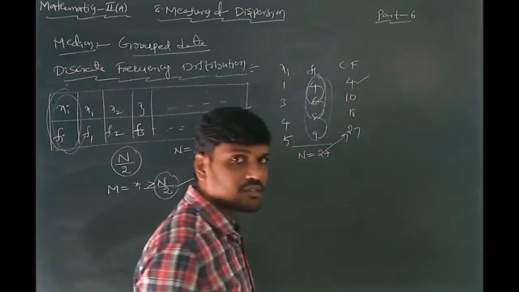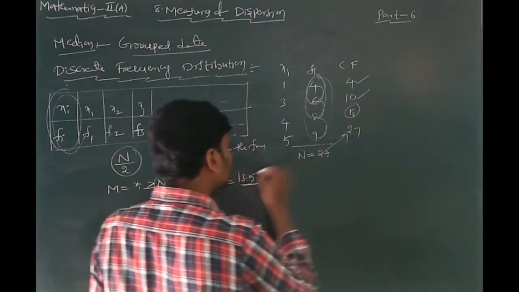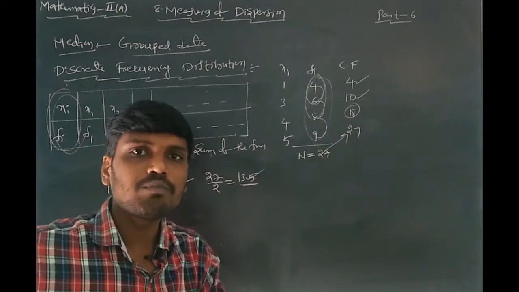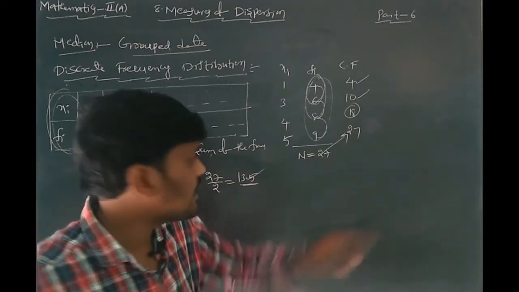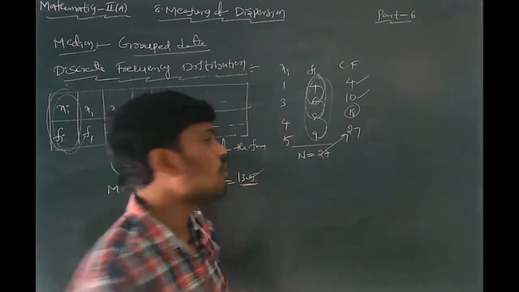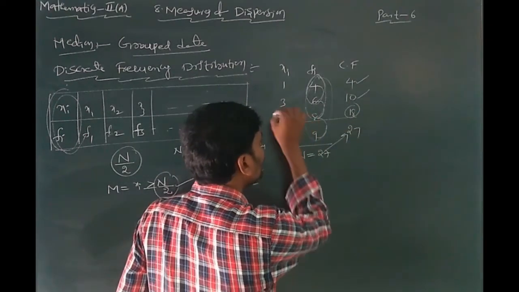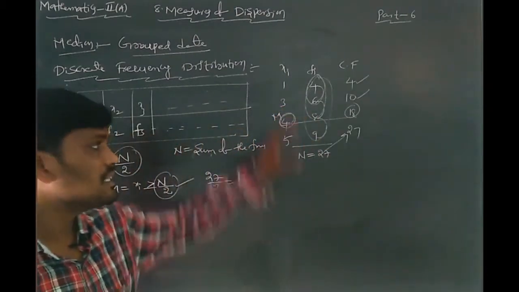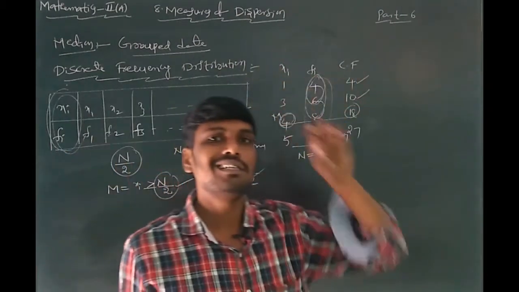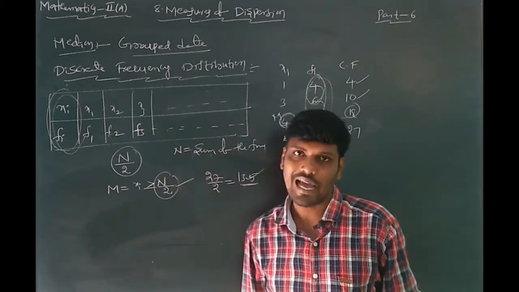Here 4 is less, 10 is also less. 18 is more than 13.5, and 27 is also more than 13.5, but the first greater value is 18. The observation for this 18 is 4, so 4 is the median. This is how you calculate the median of a discrete frequency distribution.